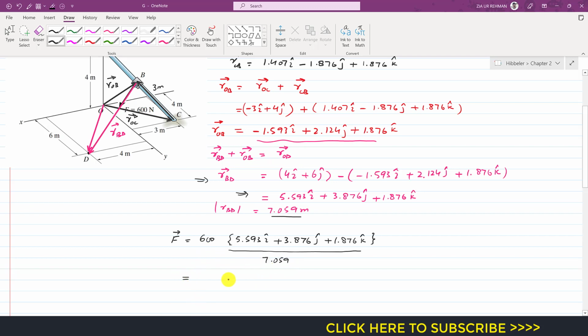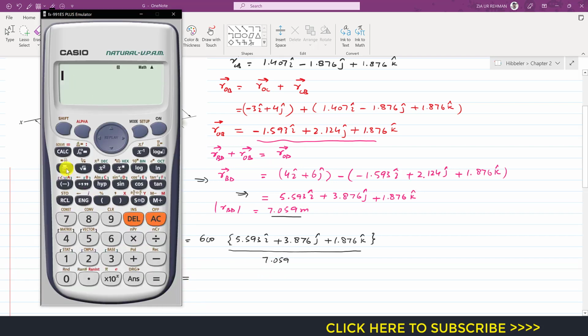So 600 divided by this magnitude, 600 divided by 7.059, we need to multiply this ratio with each and every component. So 600 divided by 7.059 multiplied by 5.593.